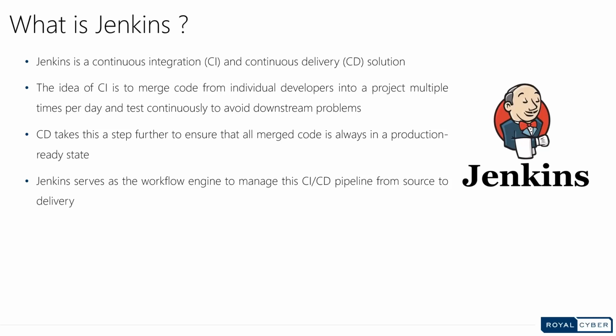The basic idea of continuous integration is to merge code from developers and continuously test and deploy it. Continuous delivery ensures that all of the code from the individual developers is merged and always in a production ready state. It's basically a workflow engine to manage the CI/CD pipeline from source to delivery. It's an end-to-end code pipeline solution.